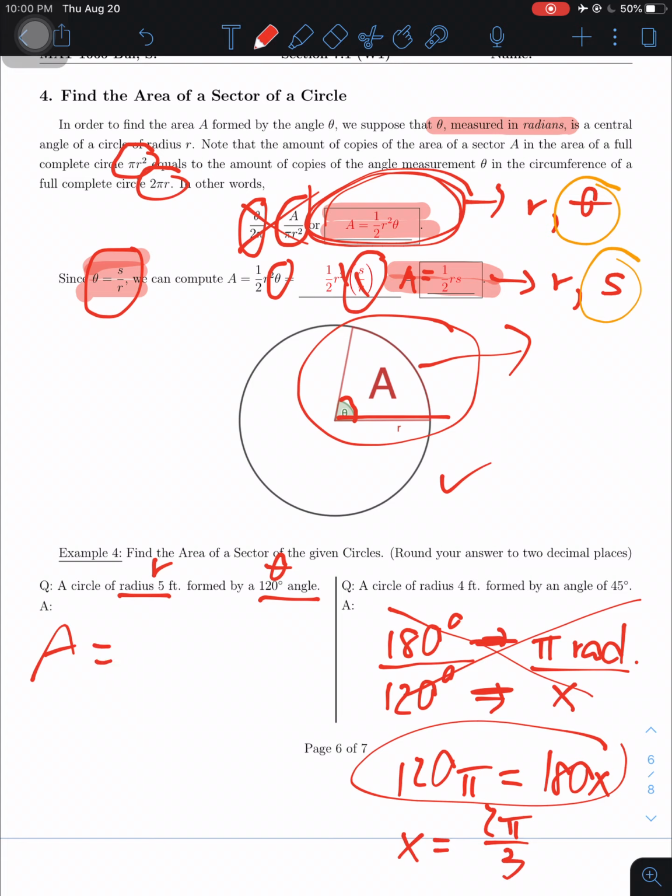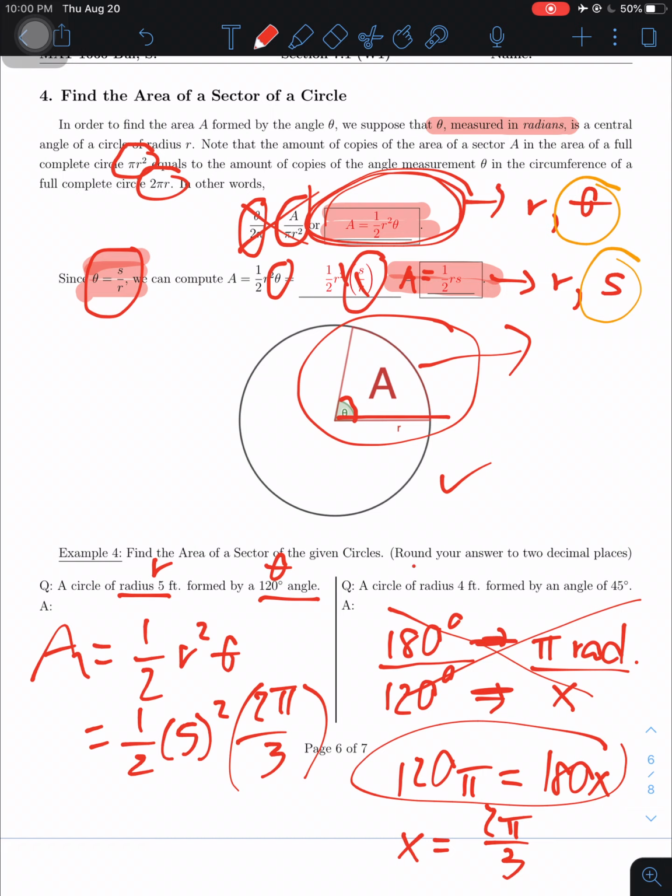So the area A equals 1/2 r squared theta, right? So 1/2 is just a part of the formula. R in here is 5, so let's put 5 in here, squared. And then theta in here is 2 pi divided by 3.